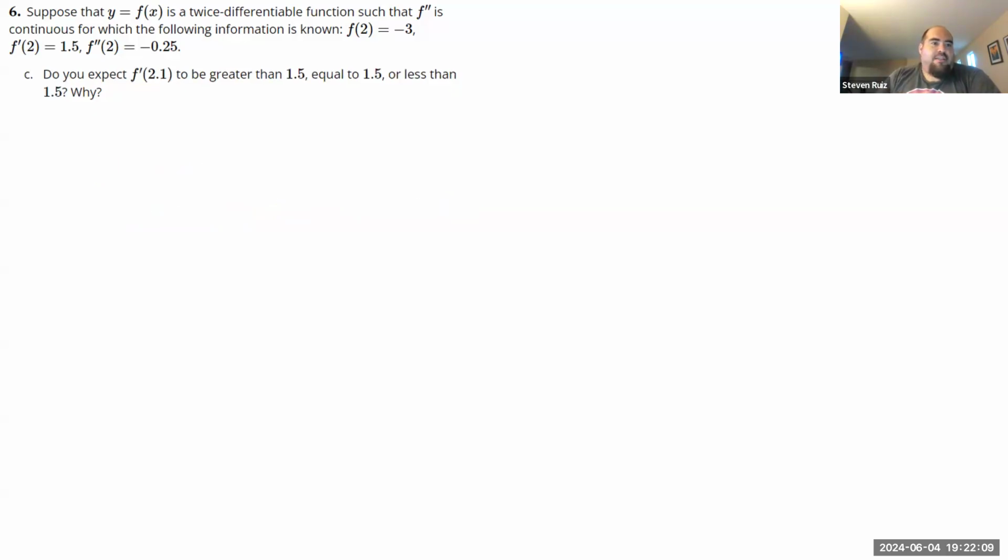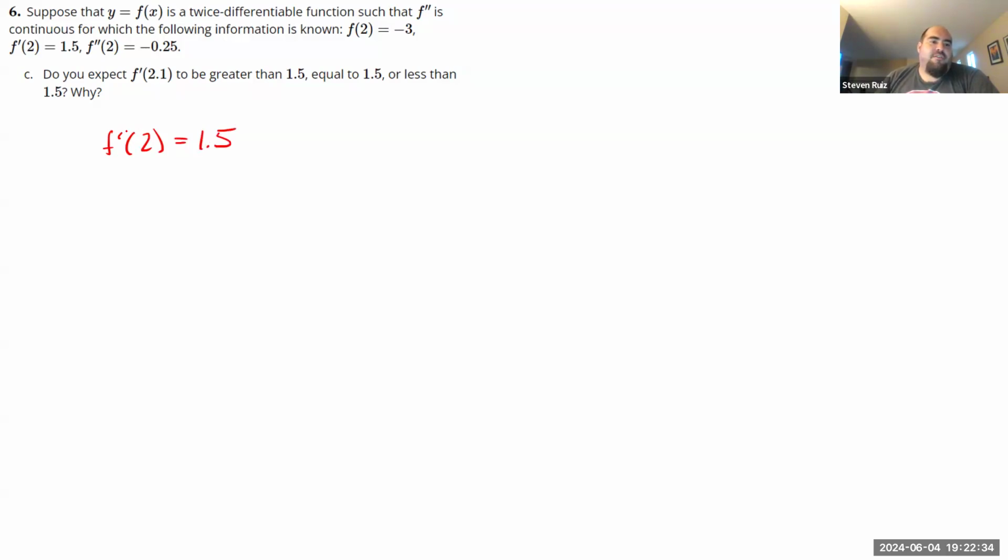All right, part C: do you expect f prime of 2.1 to be greater than 1.5, equal to 1.5, or less than 1.5? We're being asked about the derivative at 2.1. We don't know anything about the derivative at 2.1, but we do know about the derivative at a nearby point: f prime of 2 is equal to 1.5.